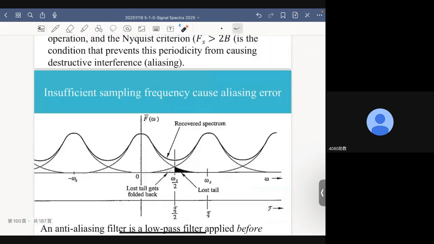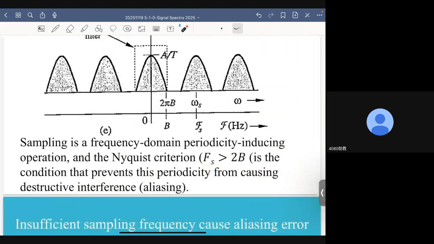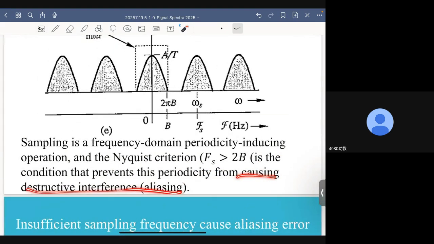Sampling is a frequency domain periodicity inducing operation, and the Nyquist condition, fs larger than 2B, is the condition that prevents this periodicity from causing disruptive interference, which is what we call aliasing.